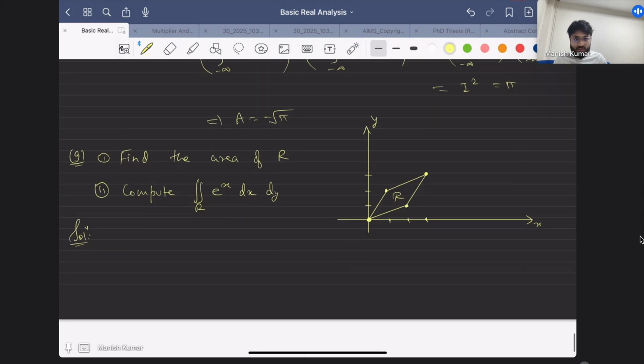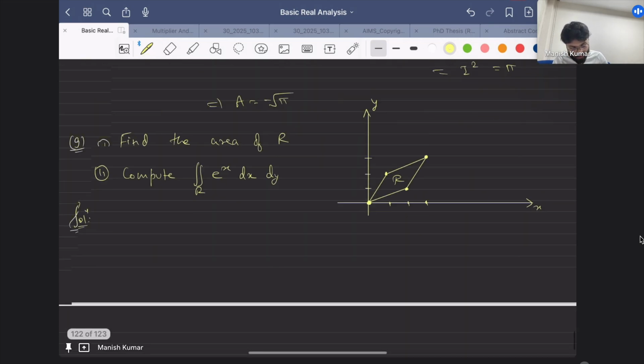So now how will we solve this first part? One is the very obvious thing that we were doing earlier, right? So how will you deal with that? What would be the first step? Find the equations of the lines.